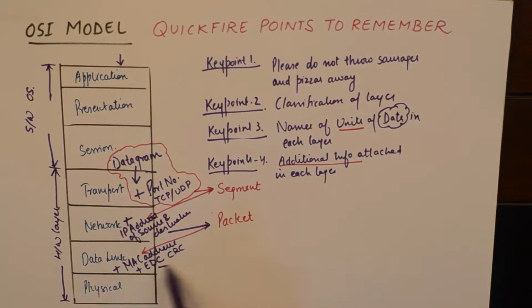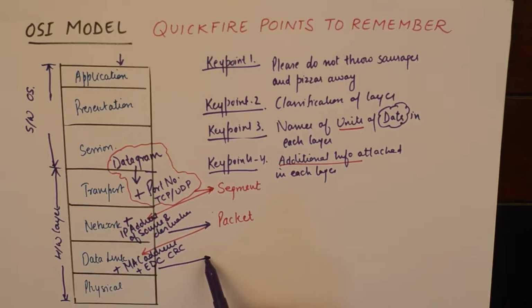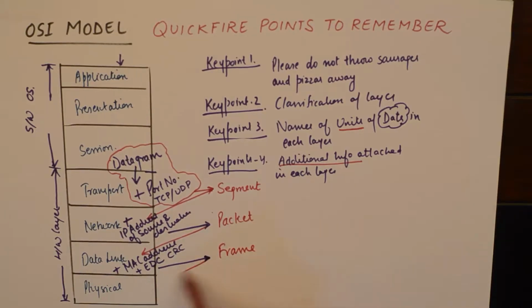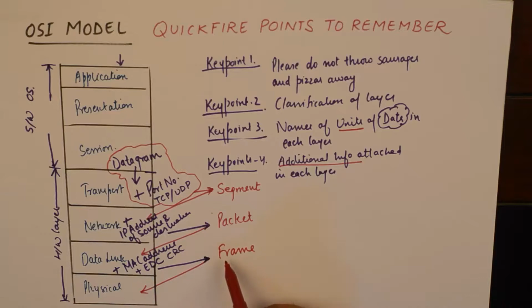So it results in the generation of a unit of data, which is known as frame, and this frame goes to the physical layer, and each subunit in a frame is converted into appropriate bits, zeros and ones, by the physical layer.